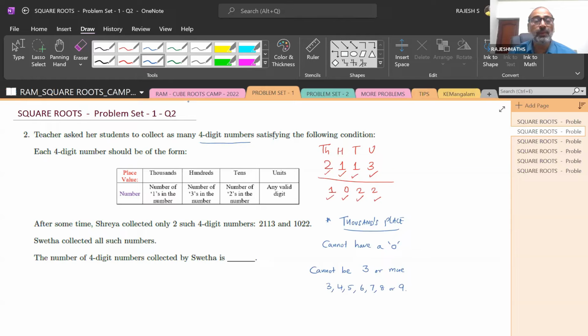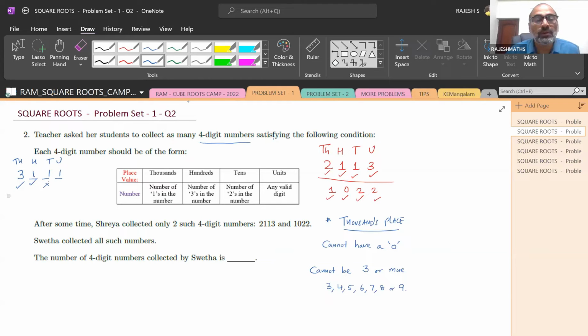Why? Suppose I put a 3. What it means is the number of ones in the number will be 3. Then I must put all ones to satisfy this 3. Then 1 3, that also gets a tick. But when you go to the tens, the number of twos, that's a problem.